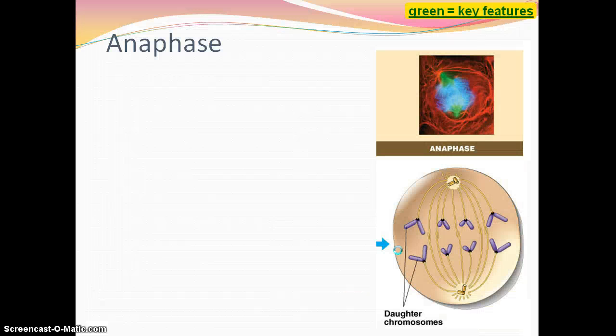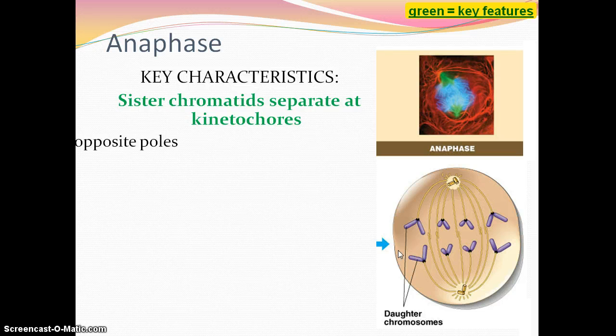So the next phase we're going to look at is anaphase. Once we get through metaphase, the key characteristics of anaphase include that the sister chromatids are going to be separating at the kinetochores. Another way to say that is that the sister chromatids are going to separate at the centromere.